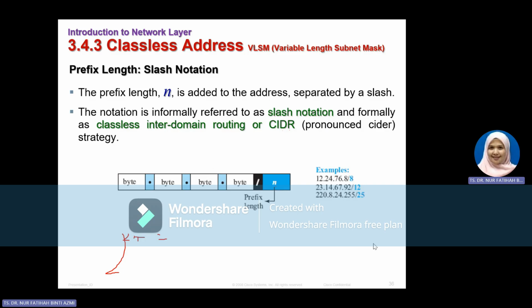Imagine if you own this block, you can connect over 16 million devices. This is how IPs were allocated in the early days.